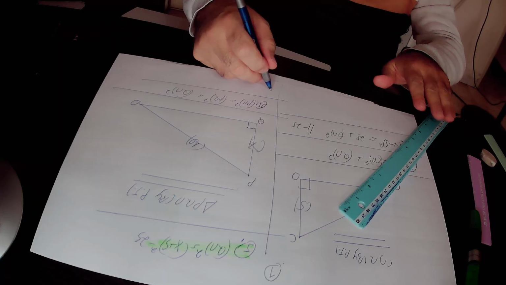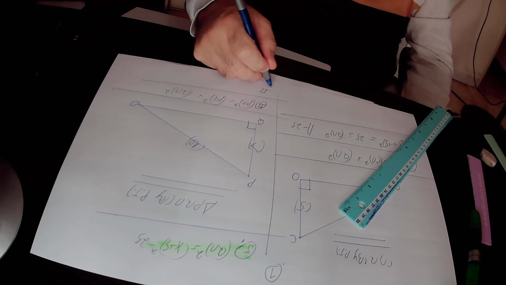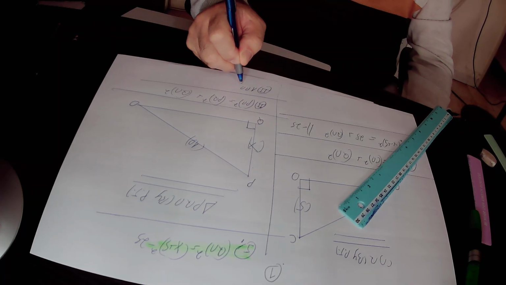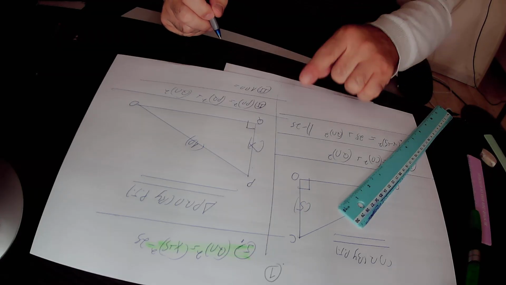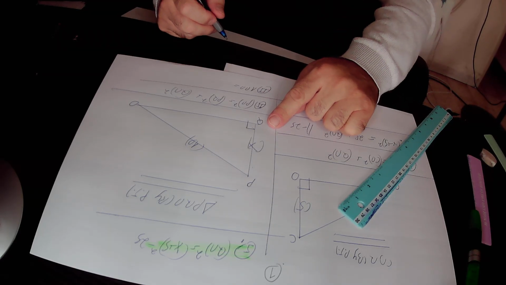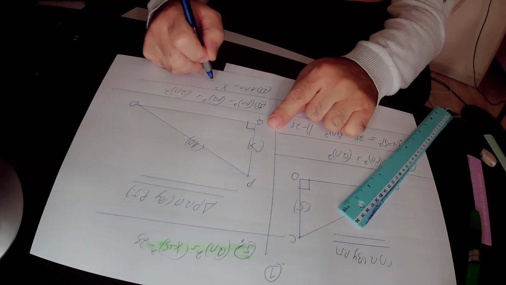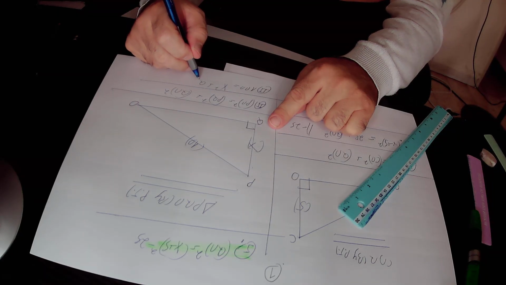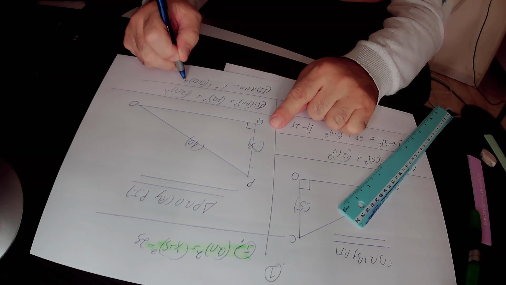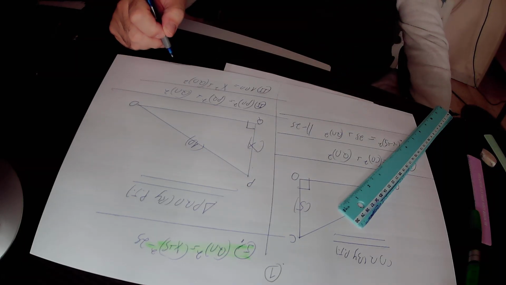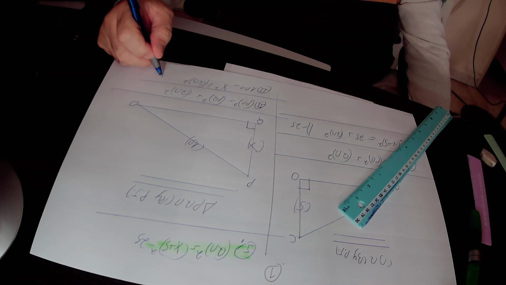PO is 10, therefore PO squared is 10 squared, that is 100. And it is equal to PQ squared. PQ is x, therefore PQ squared is x squared, plus QO squared. QO is the missing side, so we leave it as it is. Here we will subtract x squared from this equation 2.